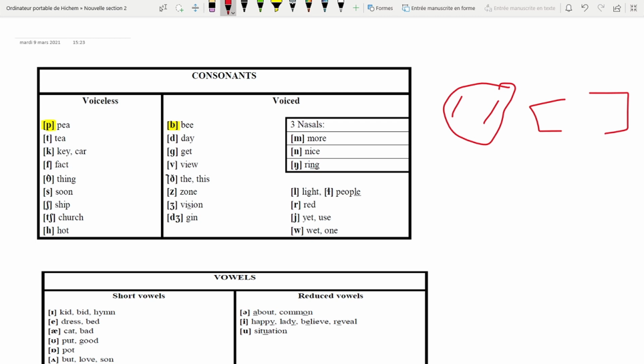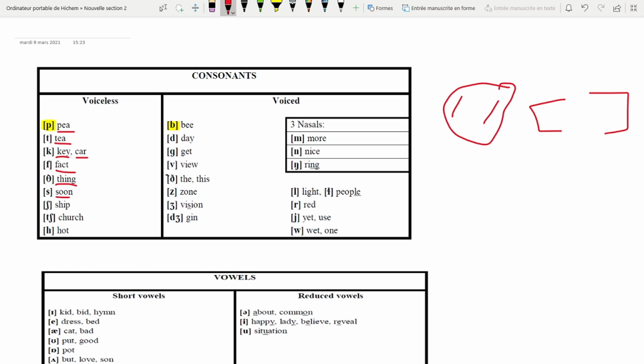We have p, such as pen. We have t. We have k, such as key or car. We have f, such as fact. And we have theta, an o with a small hyphen inside, such as thing.